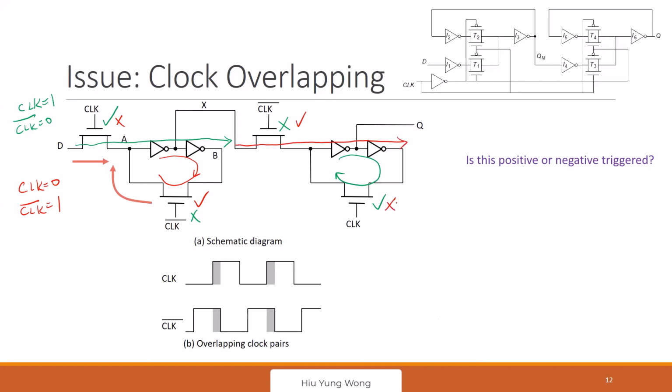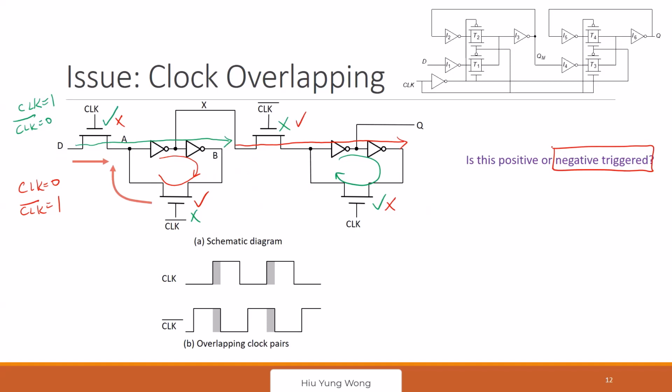So it means that when it is high, D copies to here. When it is low, here copies to Q. So overall, it copies the data from D to Q when the clock goes from high to low. So that is a negative edge trigger register.